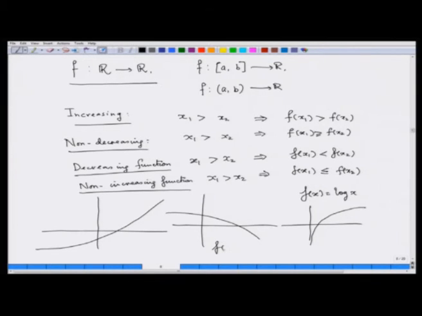Or if you take its inverse, f of x equal to e to the power x, that is also an increasing function. This is the graph of e to the power x, and this is the graph of logarithm of x. These types of functions are very important, and they play a fundamental role in calculus, and that is exactly what we are going to talk about.